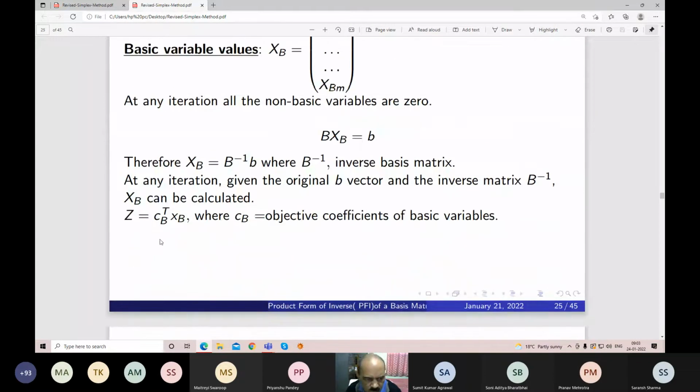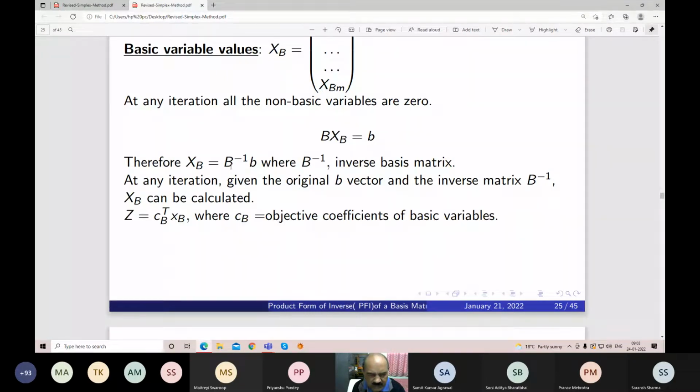So this is the rule. Our xb equal to B inverse into small b. Initially, B inverse is nothing but the identity matrix. But as you know, in a new iteration, we are going to change only one column at a time, then we are computing the inverse.